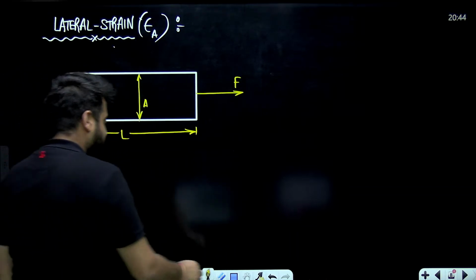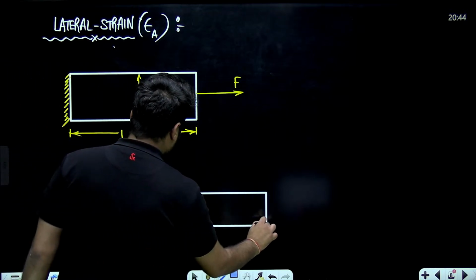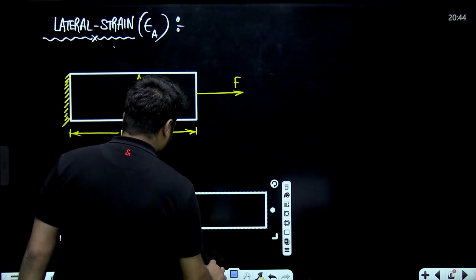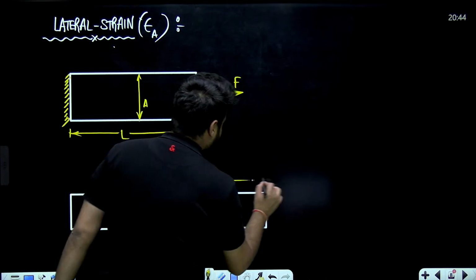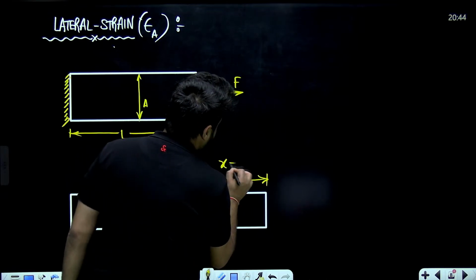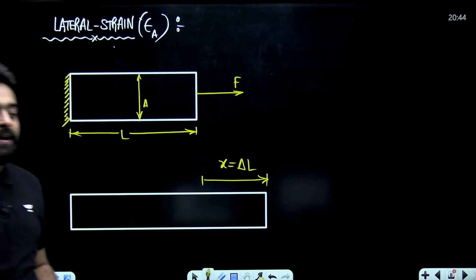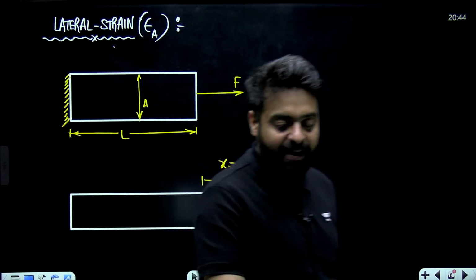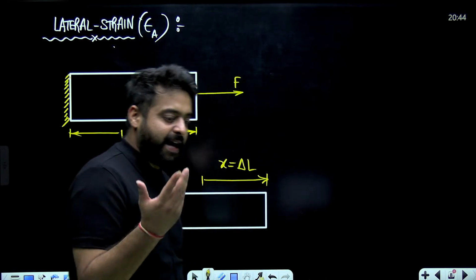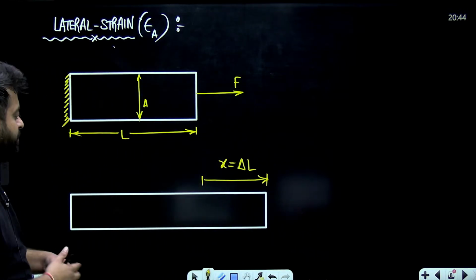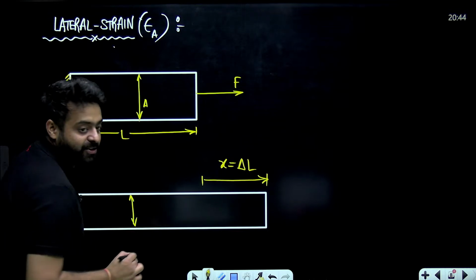Sir, it gets extended. If it gets extended by some value x, or delta L, this x deformation is the change in the length or not? Yes. When it is extended by some value of length, delta L, or you can say the x value, the deformation from its length, can I say that the area also changes or not?